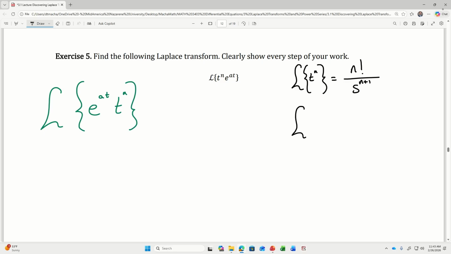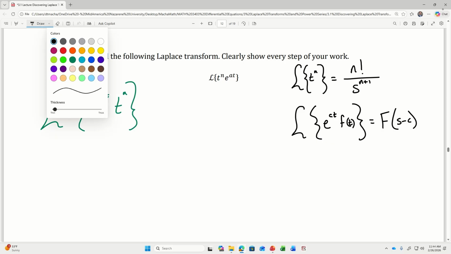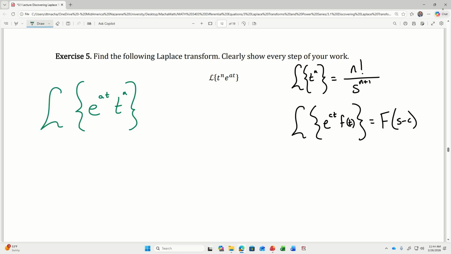n factorial divided by s to the power n plus 1. And what did we just now find was the Laplace transform of e to the ct times f of t? Very good. So now, if I see e to the at, where a is a constant, times t to the power n, can we go ahead and figure this one out without having to use the definition of the Laplace transform?